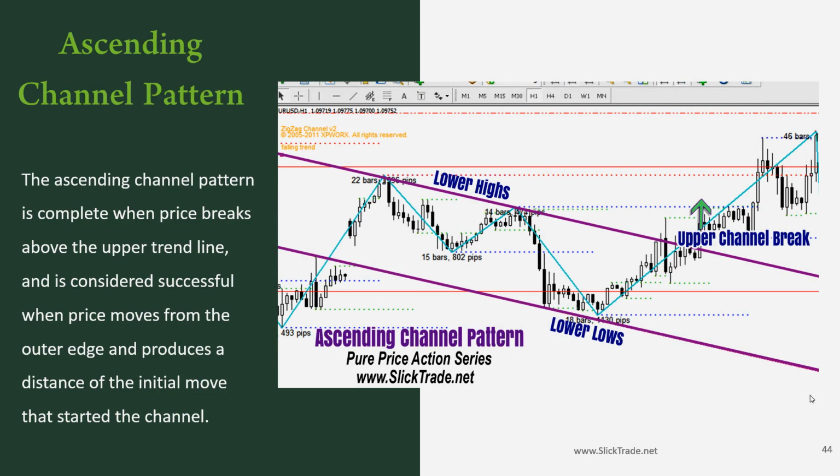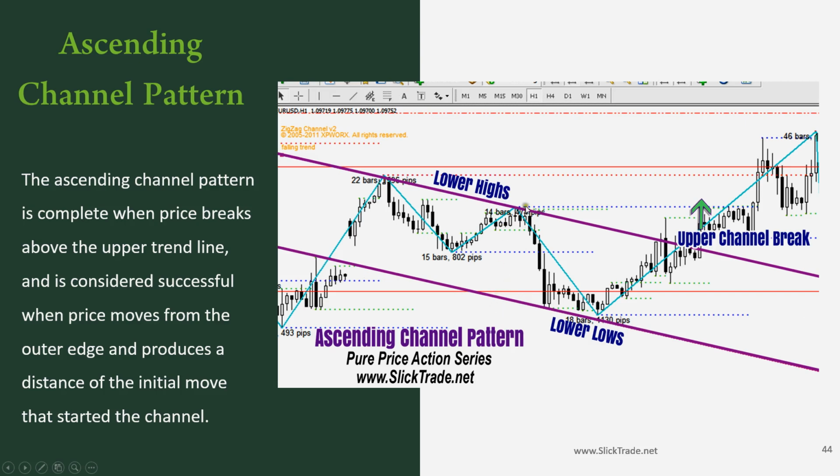Ascending channel pattern. This pattern is complete when price breaks above the upper trend line and is considered successful when price moves from the outer edge and produces a distance of the initial move that started the channel. So in this example here, these purple lines are a channel.